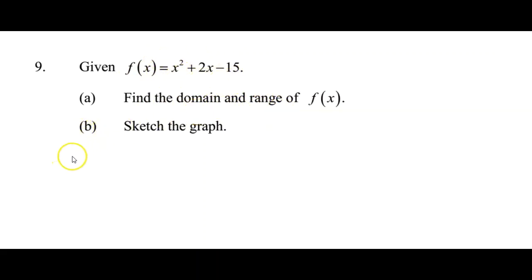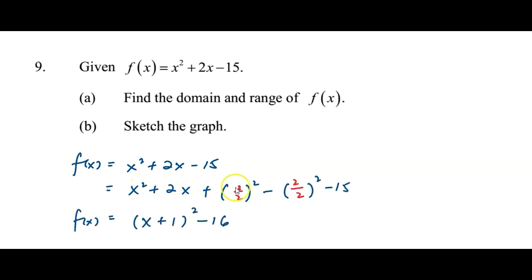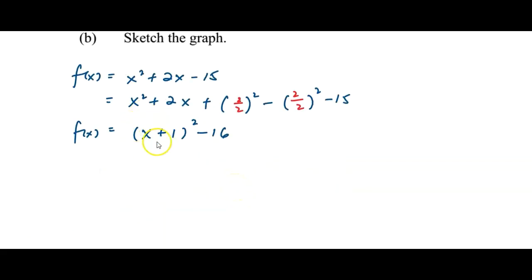Followed by this example, find the domain and the range of this quadratic function. Again, we need to know the minimum or maximum point so that we can get the range correctly. Okay, so this is a negative 15. To get the maximum or minimum point, I'm going to do completing the square again. Here I have the function in this form, x plus 1 squared minus 16.